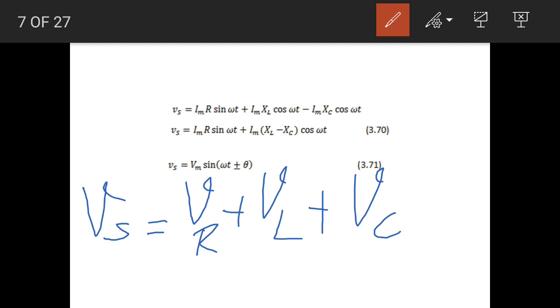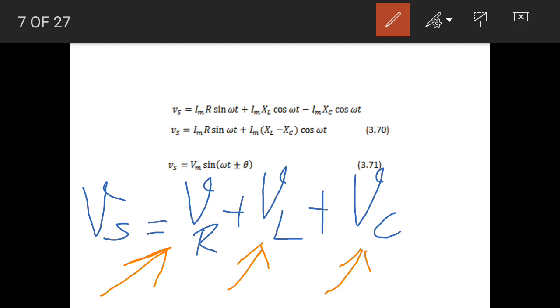And what we do, we put the value of the voltage across the resistor in this equation, the value of the voltage across the inductor in this equation, and the value of the voltage across the capacitor in this equation.